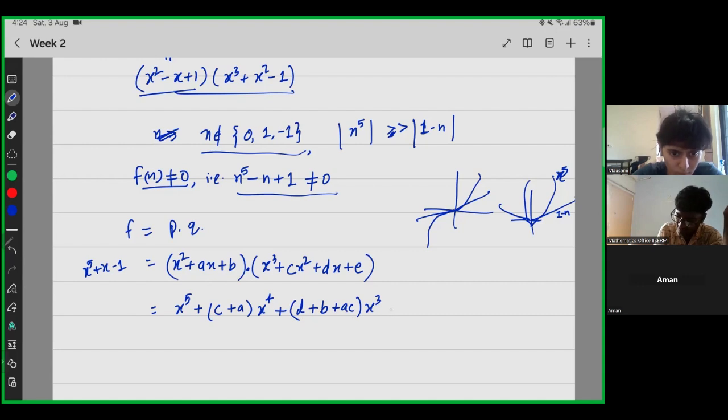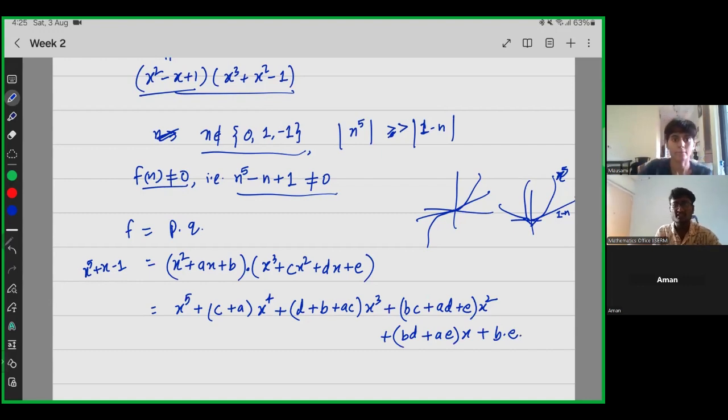I'm just taking the product of this. Now we want the x^2 term: (bc plus ad plus ae) x^2. Now we want the x term: (bd plus ae) x plus be, right? Now we will compare the coefficients and we'll find the values of the constants.